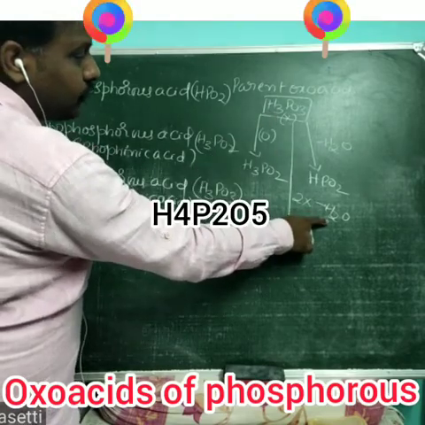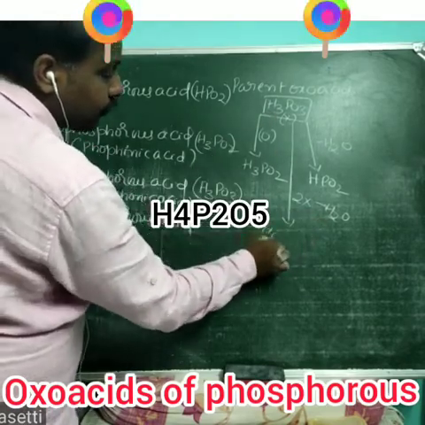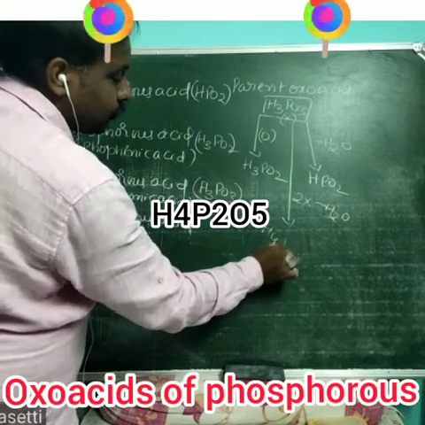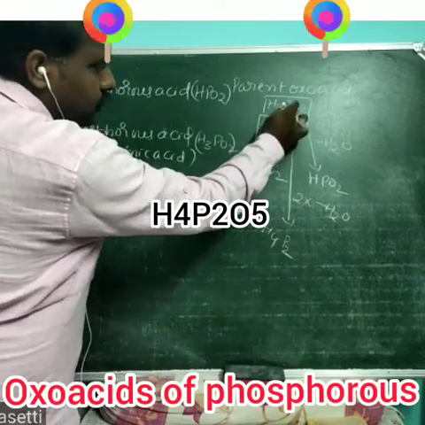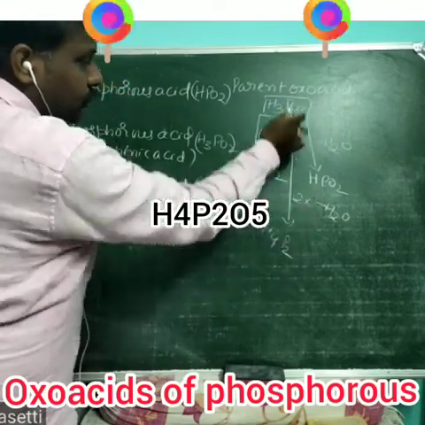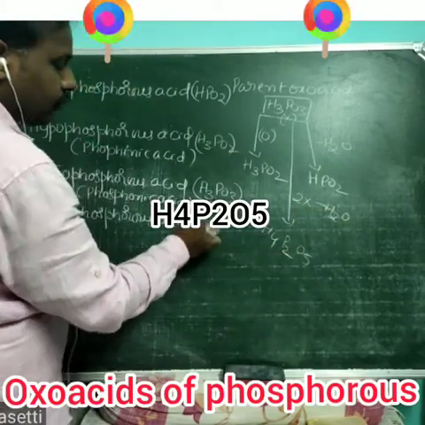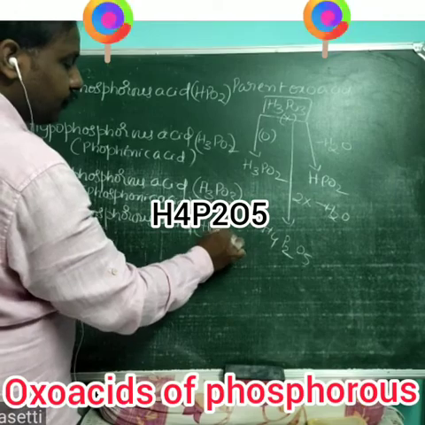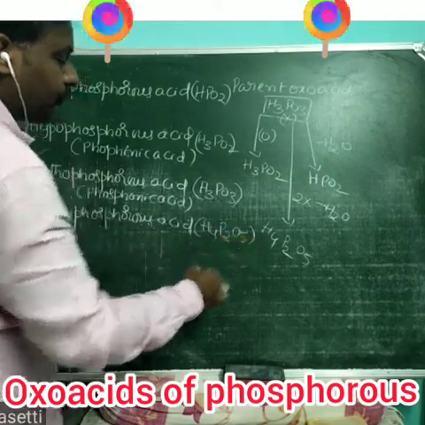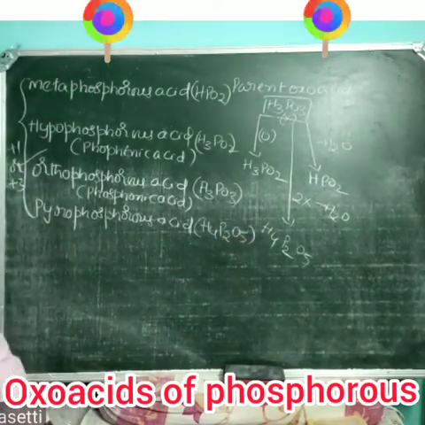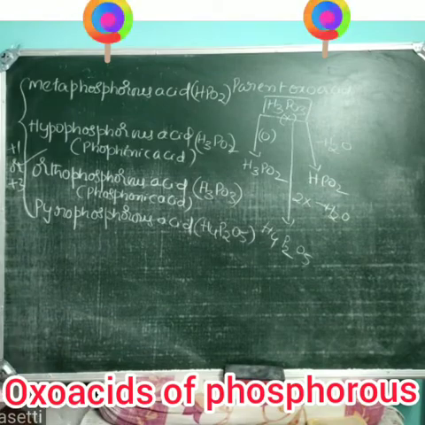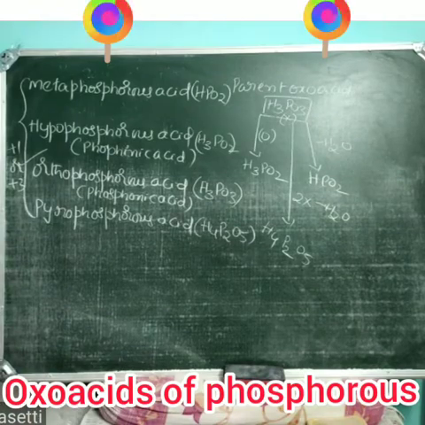From H6, remove H2, it becomes H4. Now phosphorus is P2. Oxygens are 6, and removing one oxygen, it becomes 5. So it is H4P2O5.